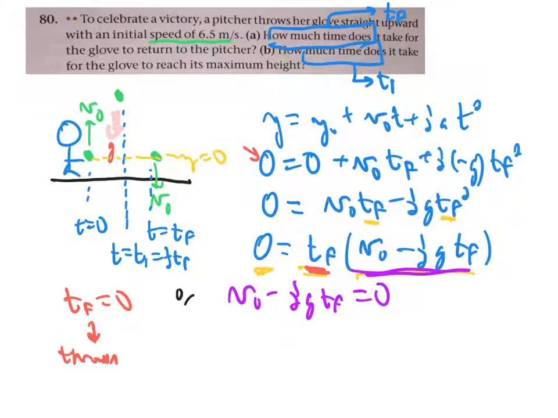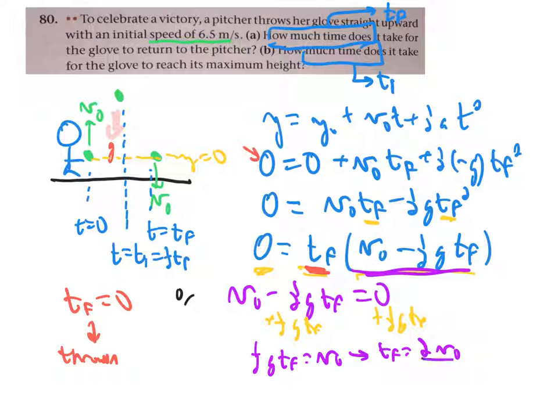And then over here we can just solve this. Let's add 1/2 g tf to both sides, and then we would end up with 1/2 g tf equals v0. So tf will be 2v0 over g.